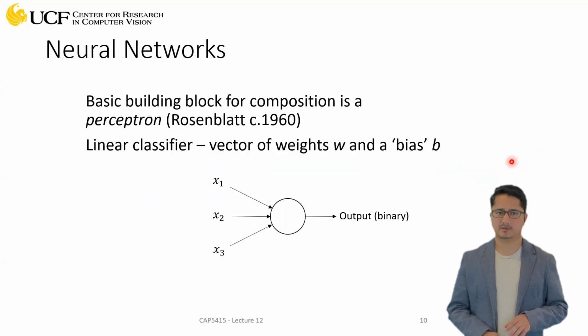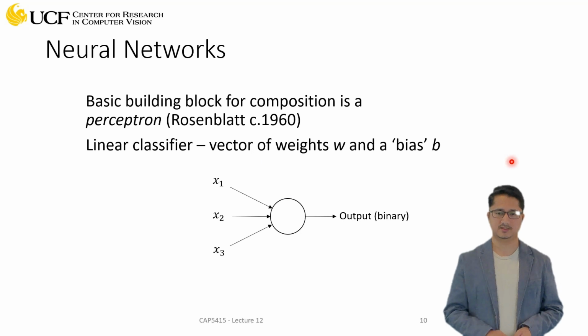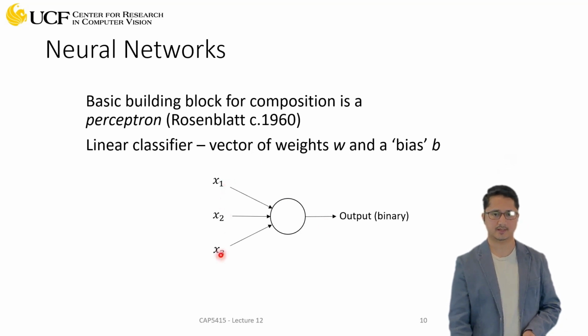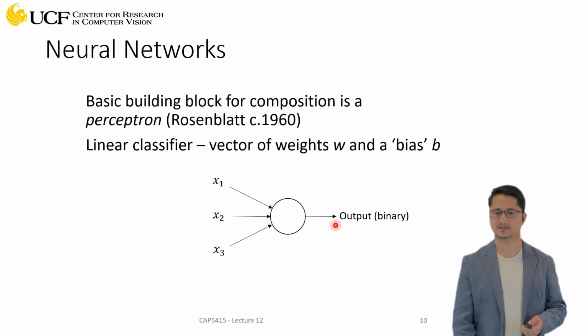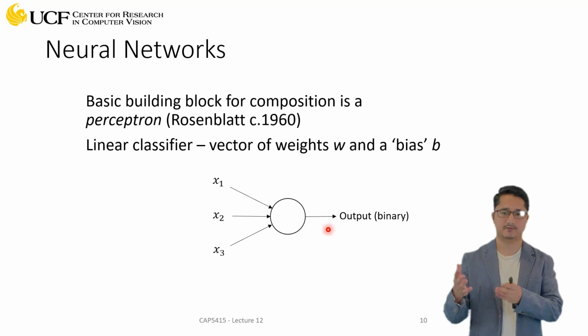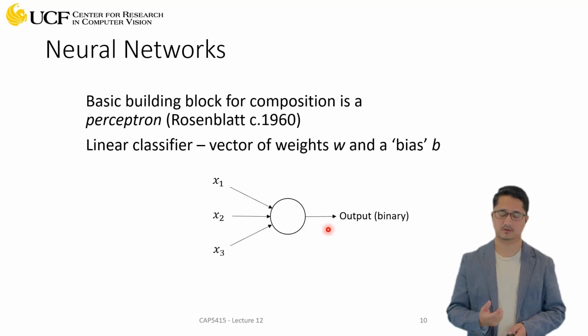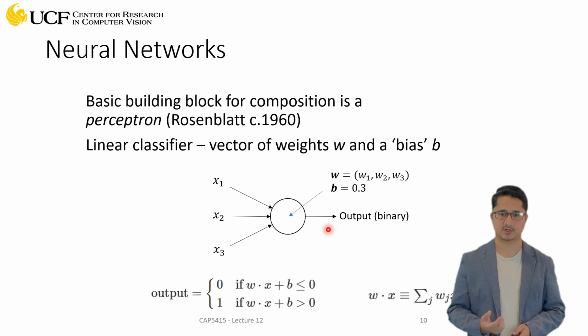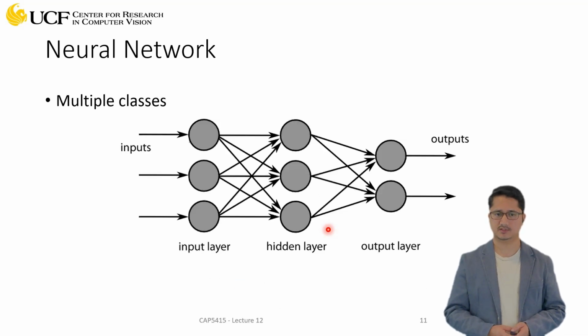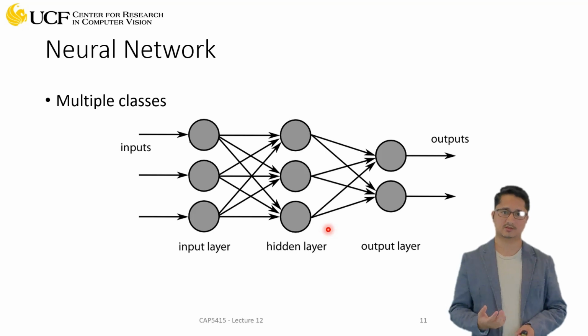All right, so the basic building block is these neurons. We know that it's just a linear combination of your input, and these are the weights which are actually being learned. And each neuron predicts something, which is passed to the other neurons. And at the end, you have the final neuron, which will make predictions for you. Okay, so all of this is a revision, and as we discussed in the last lecture, if you have multiple classes, it was not that trivial for support vector machines.